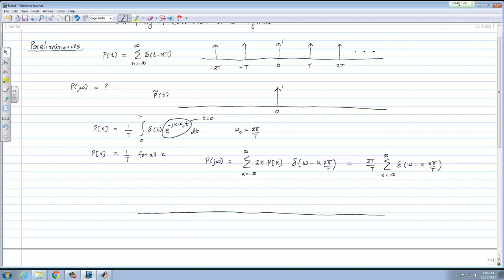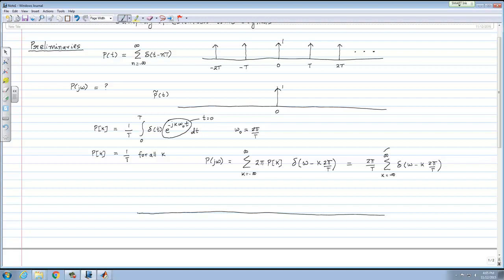It's an impulse train. So what is P of j omega? It's also an impulse train, right? It's just that the spacing between the impulses, or the period at which the impulses are occurring, is different from that of P of t. In fact, it's inversely related to t.